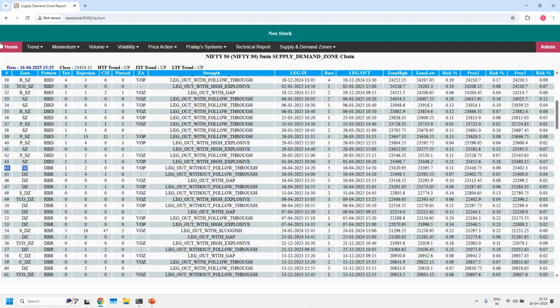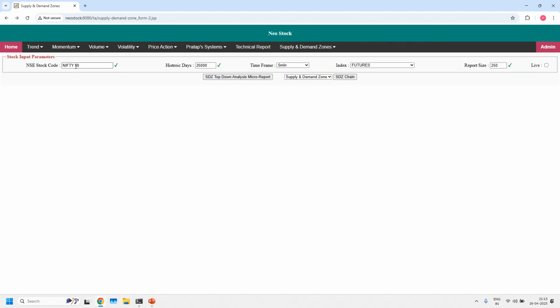Next, I will generate the Bank Nifty supply demand zone chain. That is nothing but Nifty Bank. I have to start with the monthly time frame. Generating monthly supply demand zone chain for Bank Nifty.